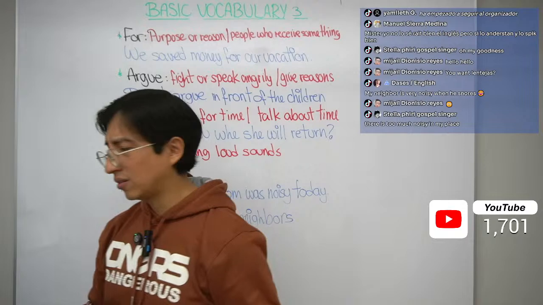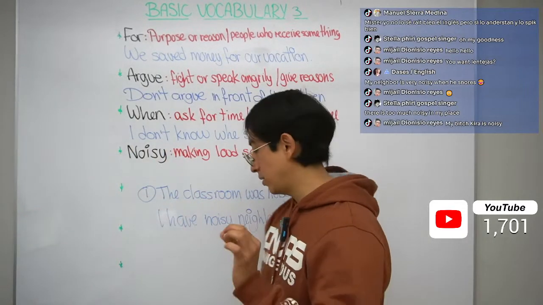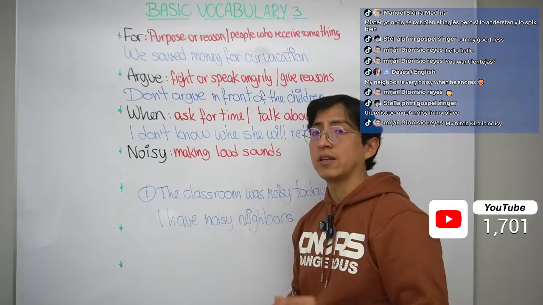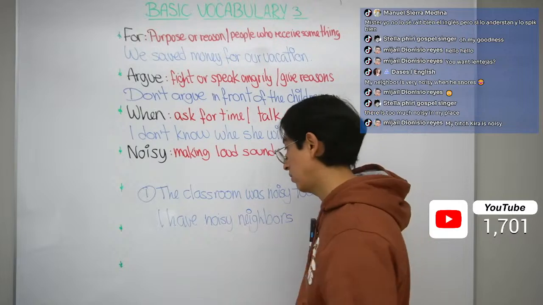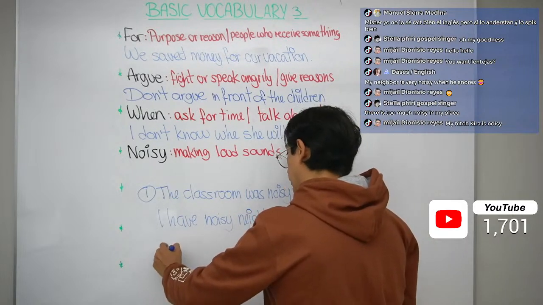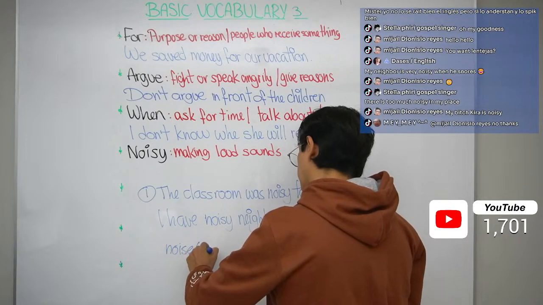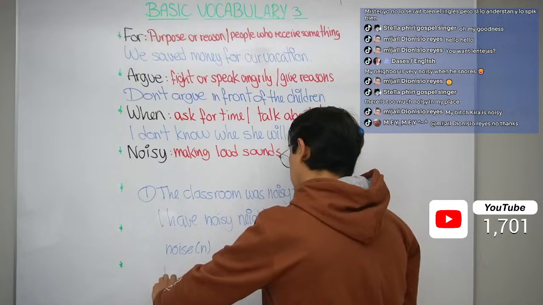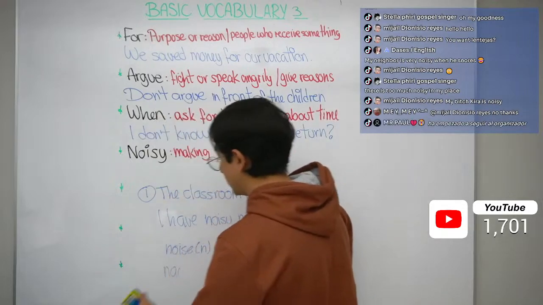Okay, it's not very complicated. One thing before I start reading your sentences is that you shouldn't confuse noisy with noise. For example, noise is a noun, and noisy is an adjective.